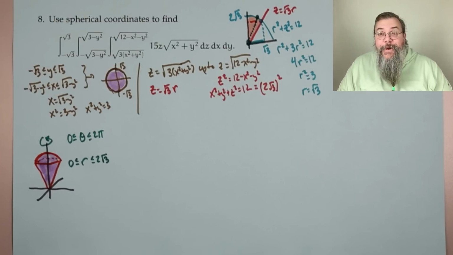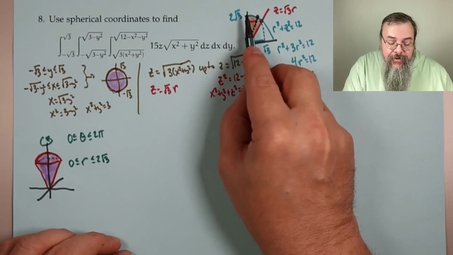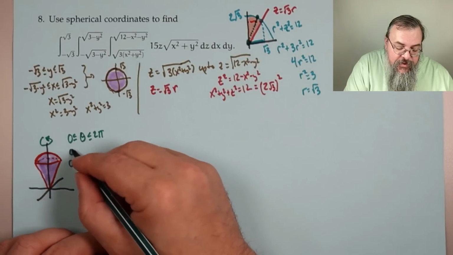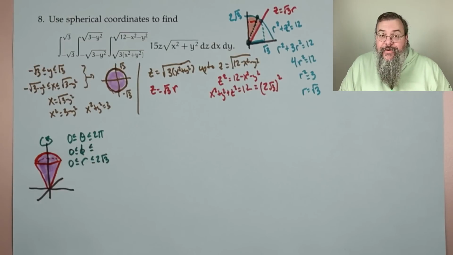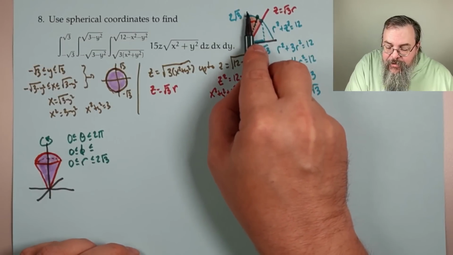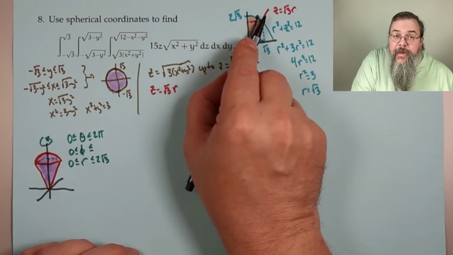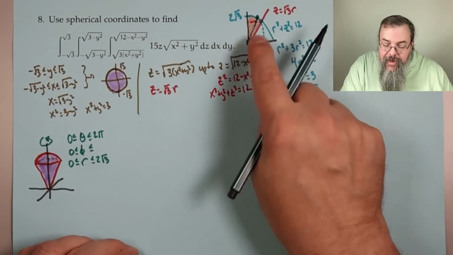Now, what about phi? We're going to start at phi equals 0. That's not so bad. So 0 less than or equal to phi, less than or equal to, where do we stop? Oh, the questions. So we're going to stop when we're in that direction. So we need to figure out this angle.